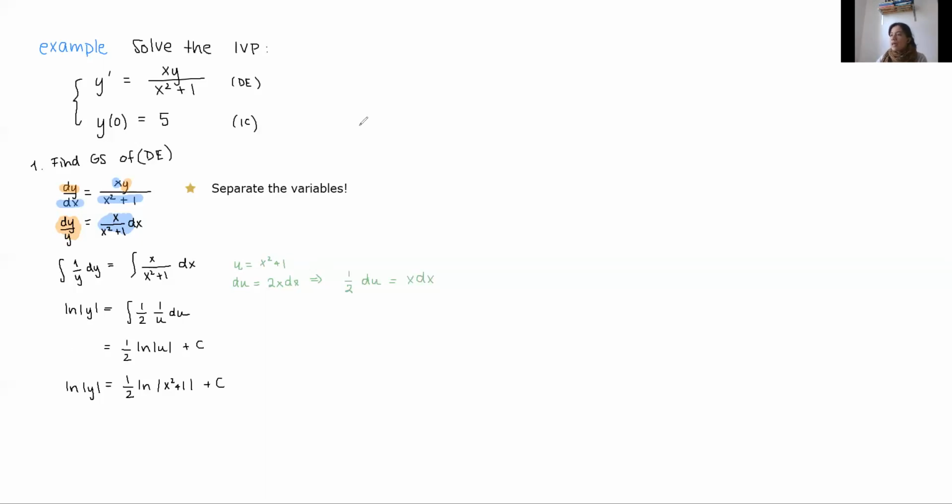Because I know, and here you have to remember this, that e to the ln of something is going to be equal to the something, right? So that's the idea over here. If I apply the exponential to the logarithm, then that gives me the actual inside function of the logarithm, right?